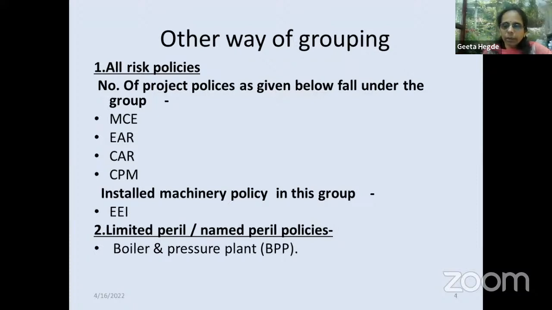Most of the engineering policies are all risk policies, and as they are all risk policies, exclusions become more important. Project policies which are all risk are marine cum erection, erection all risk, contractor all risk, CPM. Among installed machinery policies, the electronic equipment policy can be grouped as all risk policy, and the limited peril or named peril policy is the boiler and pressure plant policy.